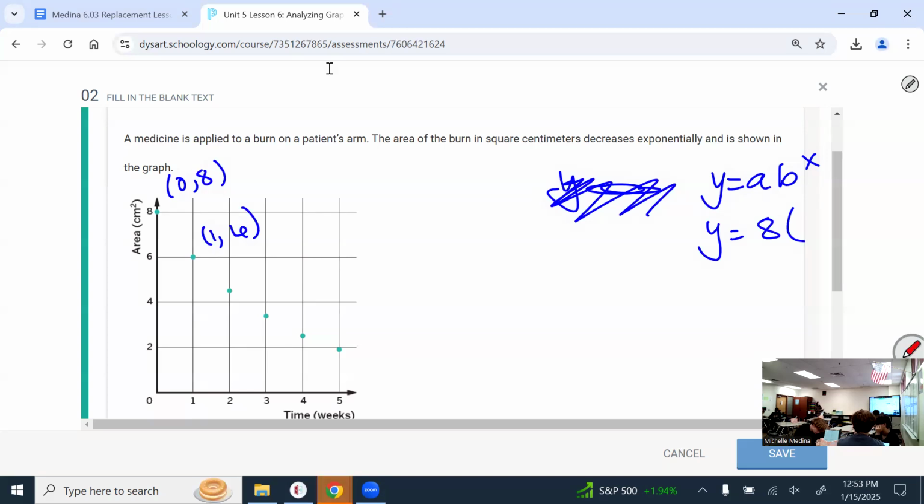So that's why in the lesson we talked about how if it's not easy to figure out what you're multiplying by, take the number and divide it by its previous number. So if I do 6 divided by 8, that is 3/4, I think, which is 0.75, but I'll double check. As you should.